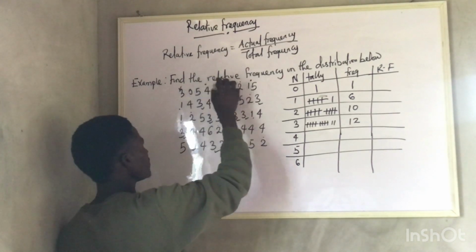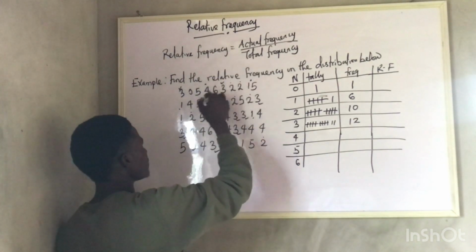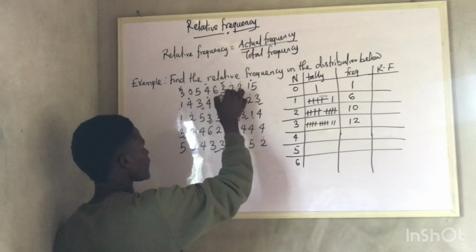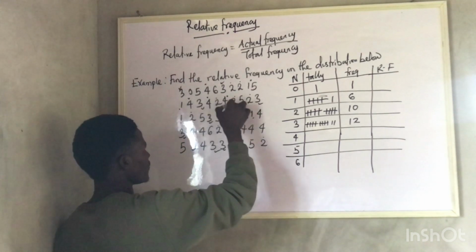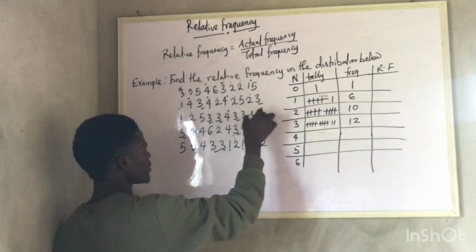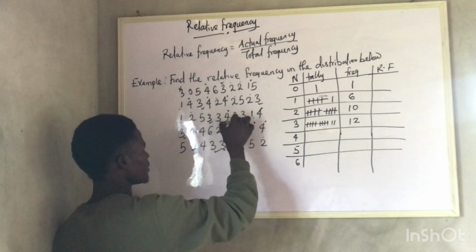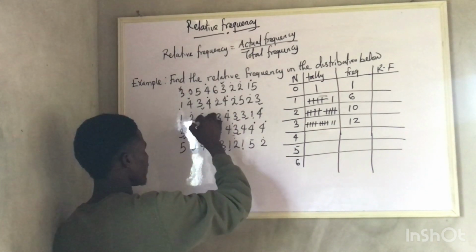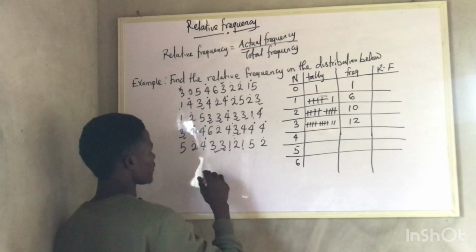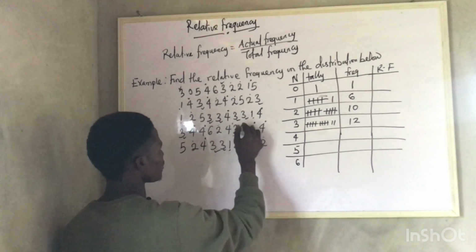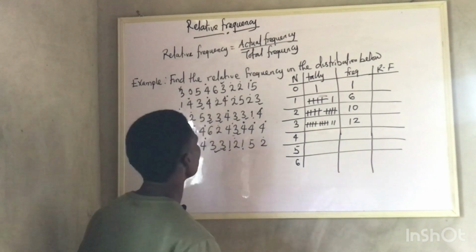We have 1, 2, 3, 4, 5, 6, 7, 8, 9, 10, 11, 12. I think that's also okay, 13.